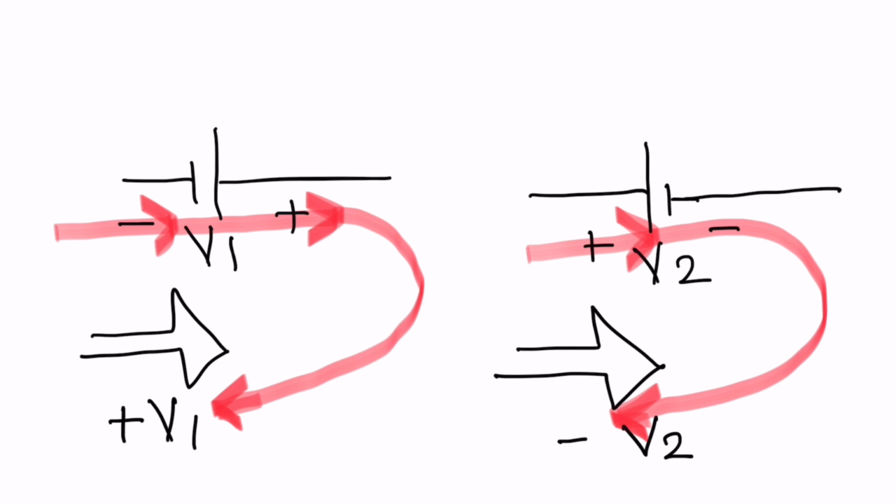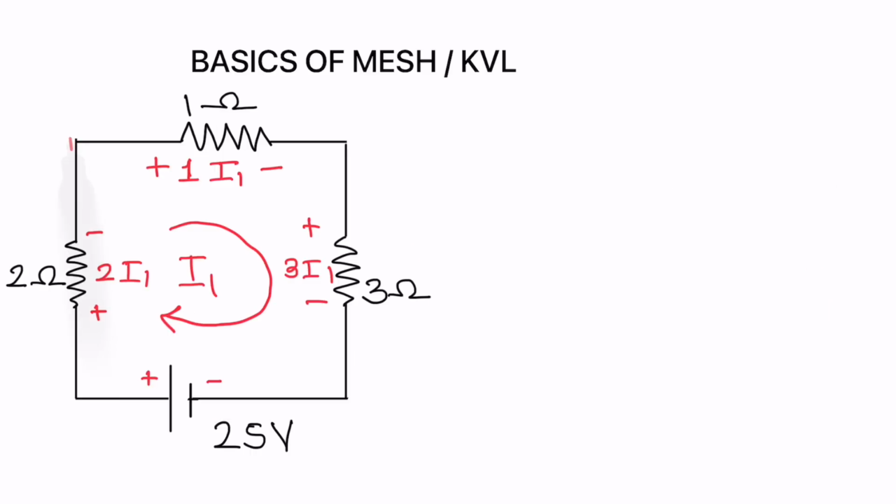Now let us go into our original circuit and solve the problem. Starting from this point, this will become minus 1 into I1. Why minus 1 into I1? You can see carefully over here, you are moving from plus sign to minus sign. So there is a drop in potential. So this will become minus 1 into I1. When you move like this, it will become minus 3 into I1.